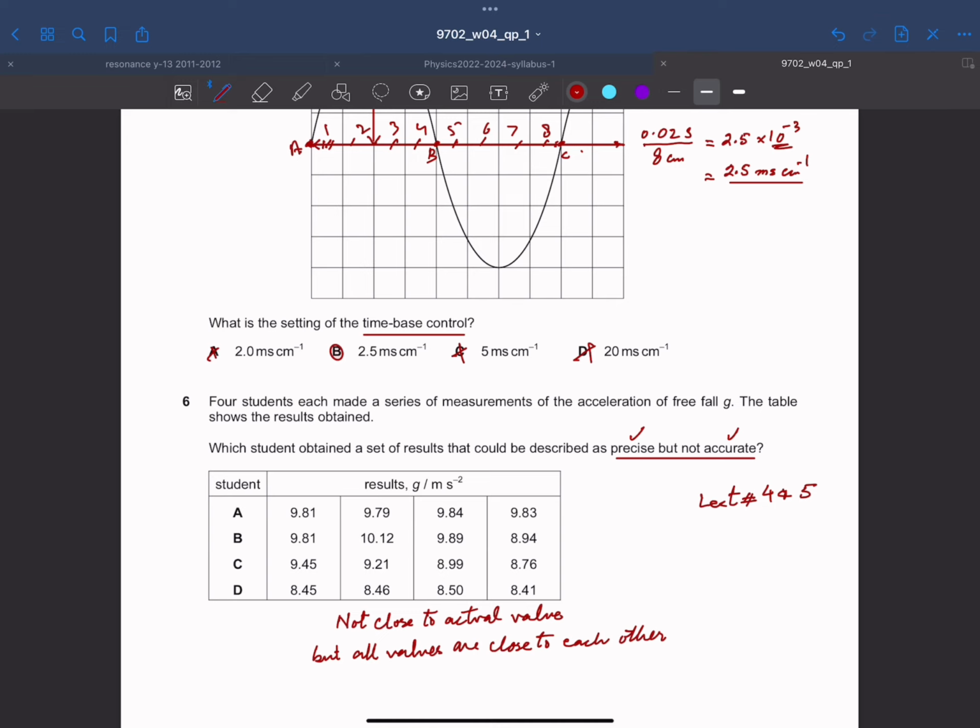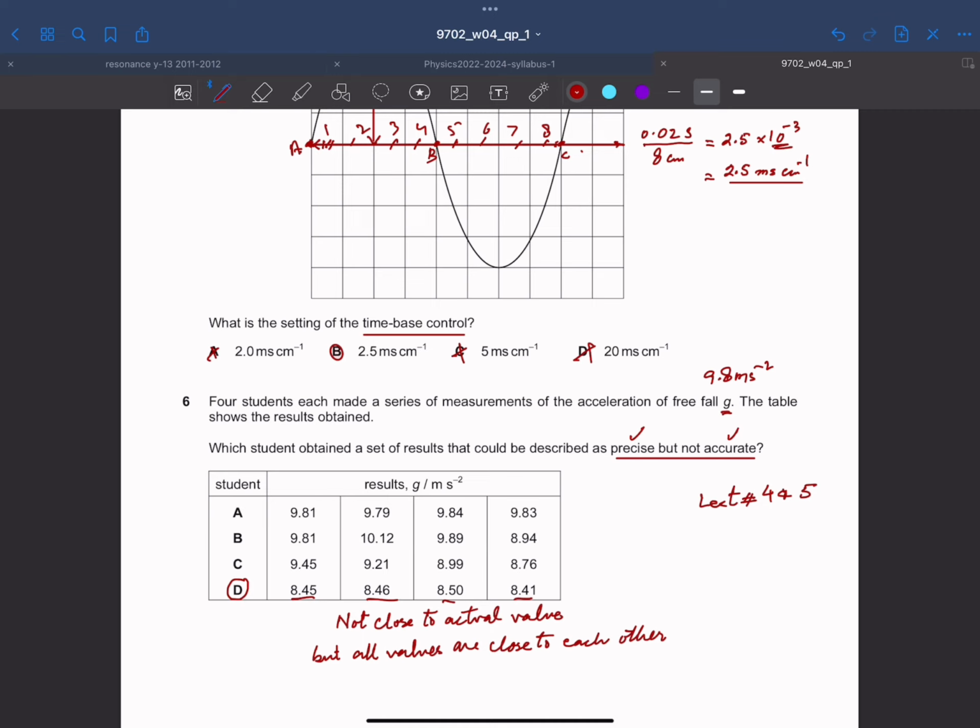And here in the given table you can see that the value of g, as you know, is 9.8 meter per second square. So where you have this situation that value is not 9.8, so simply you can say that D is the option where we do not have any 9.8 here, but they are close to each other.